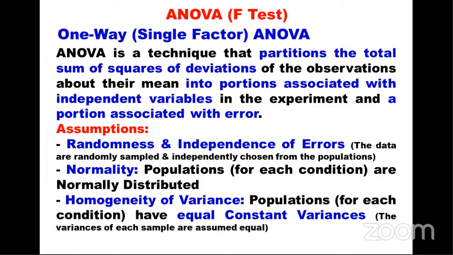So the sum of the squares of the deviation of the observations about their mean is divided into portions associated with the independent variable in the experiment. And we assume that the data are randomly sampled and independently chosen from the population. We are not biased, it is unbiased. The data are normally distributed. The variance.